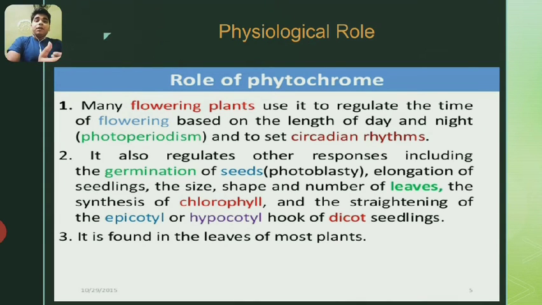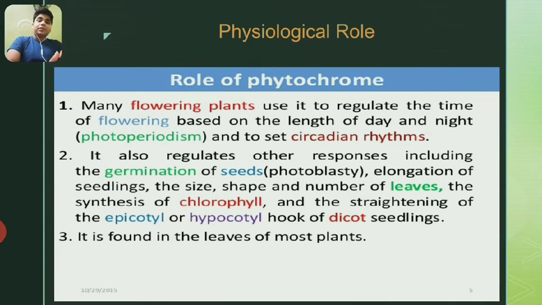So the physiological role of phytochrome: number one, many flowering plants use it to regulate the time of flowering based on the length of day and night, that is called photoperiodism, and to set circadian rhythms.